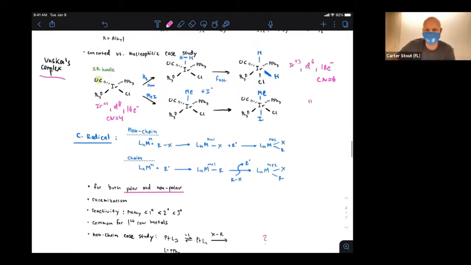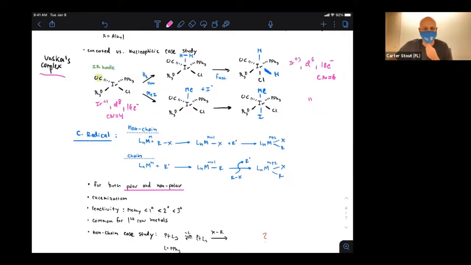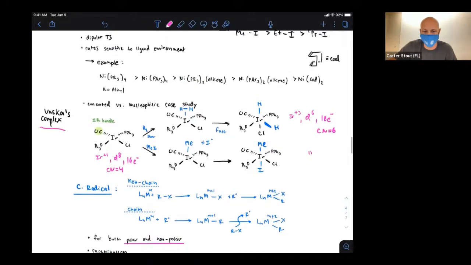Hey, Kiri. Any questions on that? Yeah. For the top case, does the chloride going down to the bottom coordination site actually depart, or is there some sort of concerted rearrangement of that ligand? Oh, I understand your question.